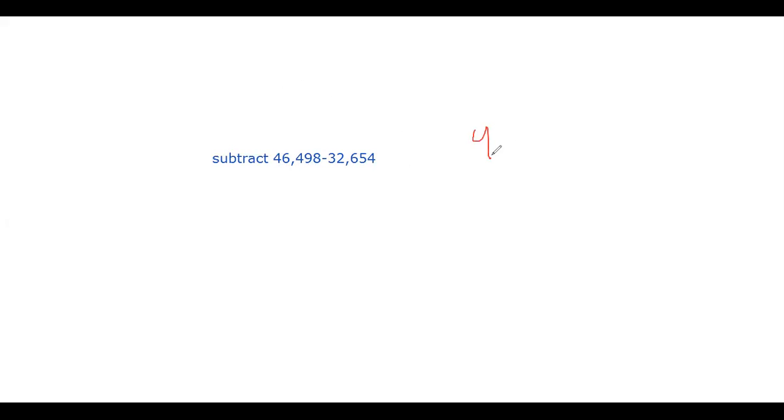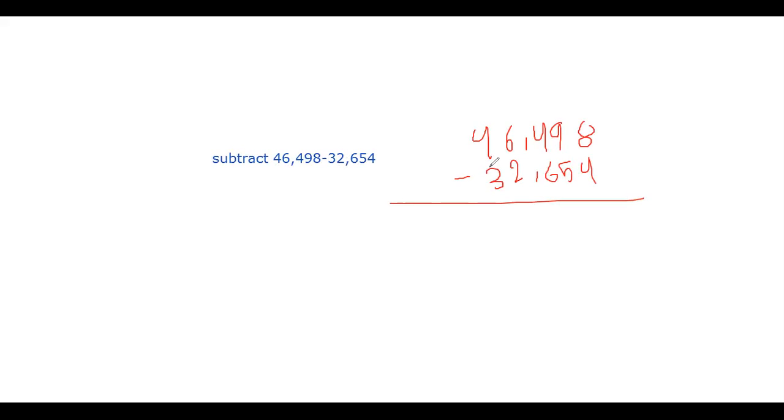So here's 46,498 minus 32,654. Always the number which is to the left, put it above, and the number which is to the right, put it down, always, okay?